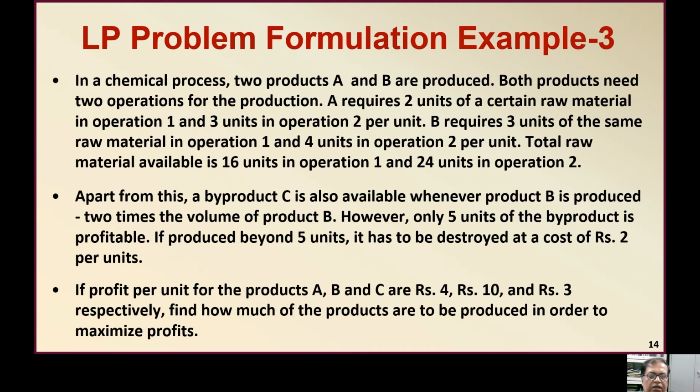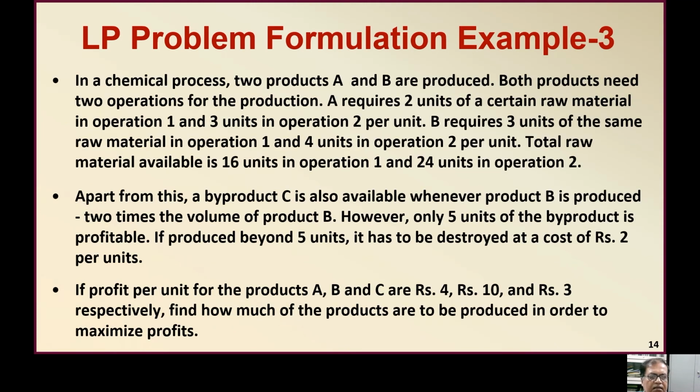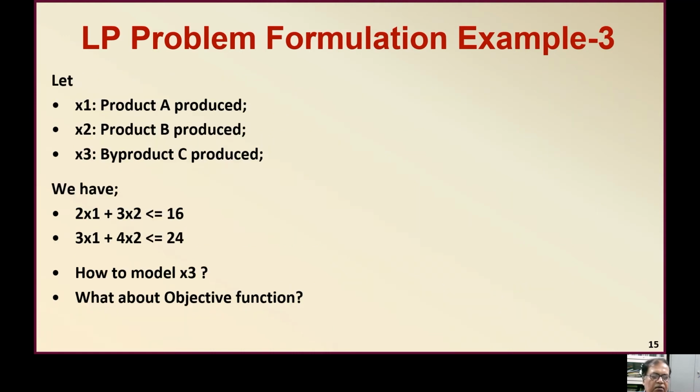How many do you require? You require 2 units of A and 3 units of B in the first process, so that is 2x1 plus 3x2. In the second process, A requires 3 units and B requires 4 units. So for the first process, 2x1 for A, 3x2 for B: 2x1 plus 3x2 should be less than or equal to 16 and 3x1 plus 4x2 less than or equal to 24.